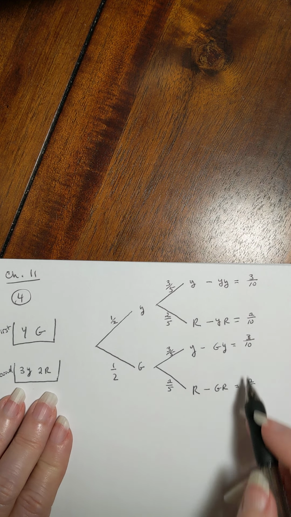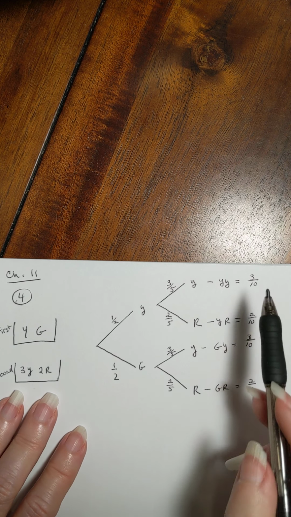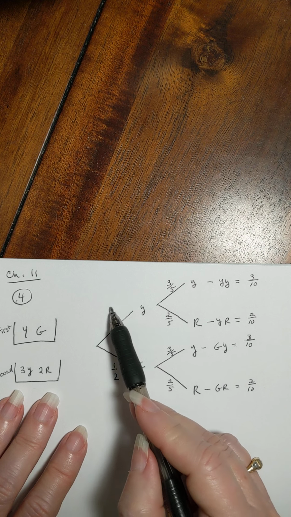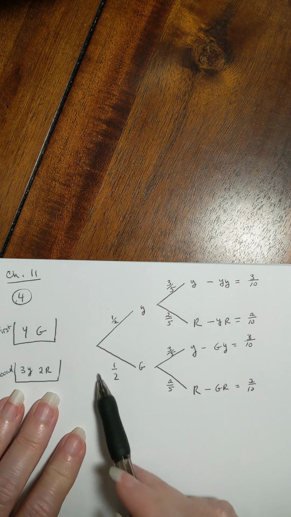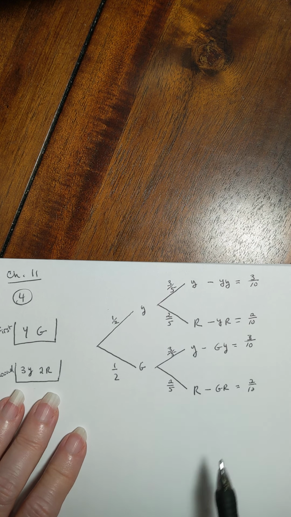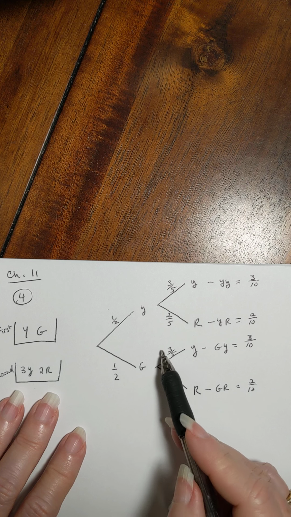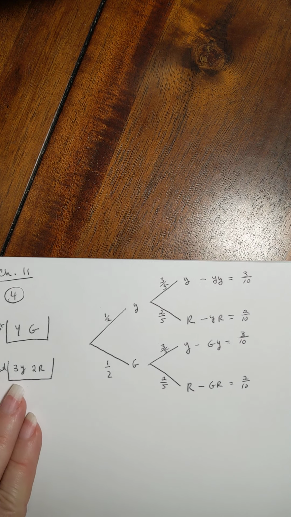Now, the reason I didn't reduce, and I will come back and reduce in a second, I wanted to first show you, notice that these add up to 1. So this branch of the tree adds up to 1. This branch of the tree, 3/5 plus 2/5, adds up to 1. This branch of the tree, 3/5 plus 2/5, adds up to 1.